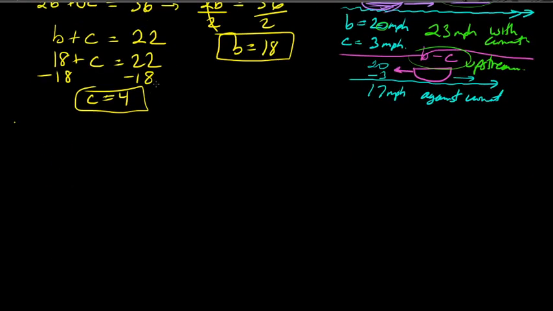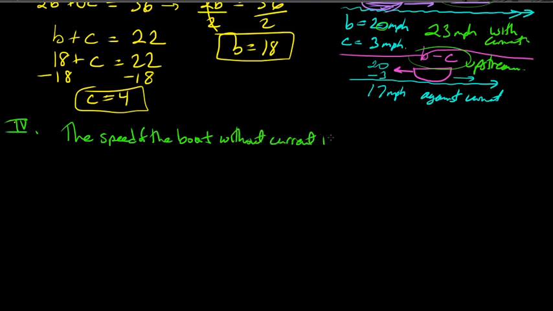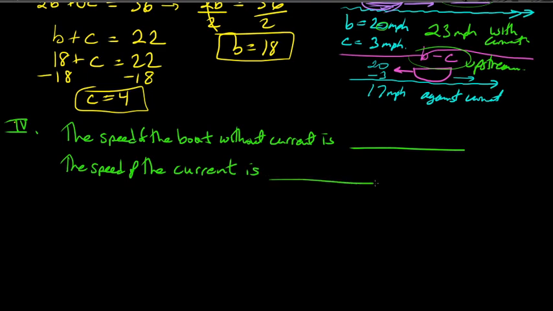Okay. So let's make this official. Step 4: the speed of the boat without a current is blank. You fill in the blank. The speed of the current is blank.